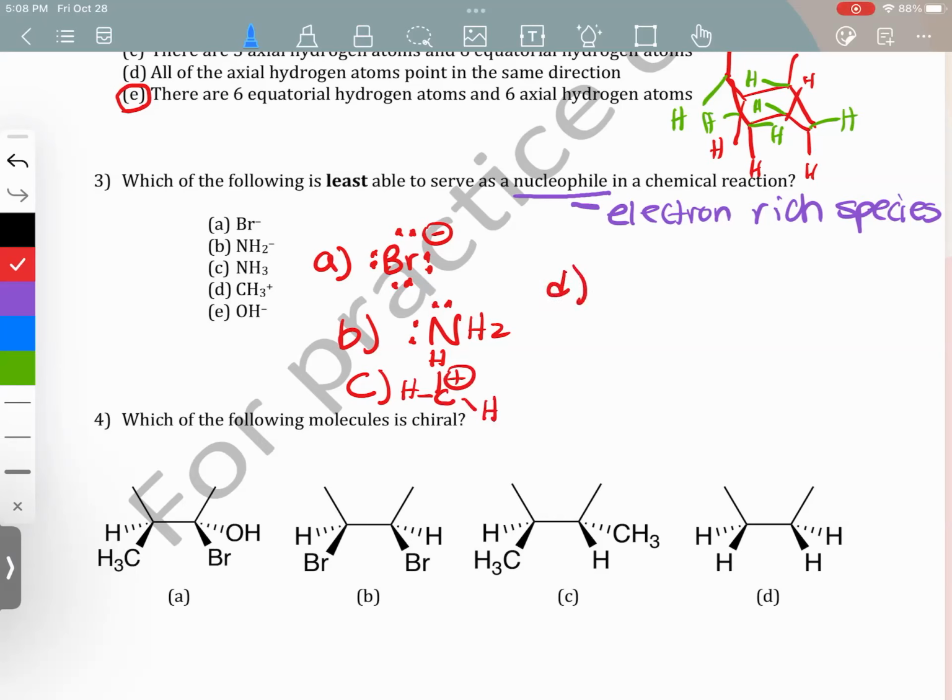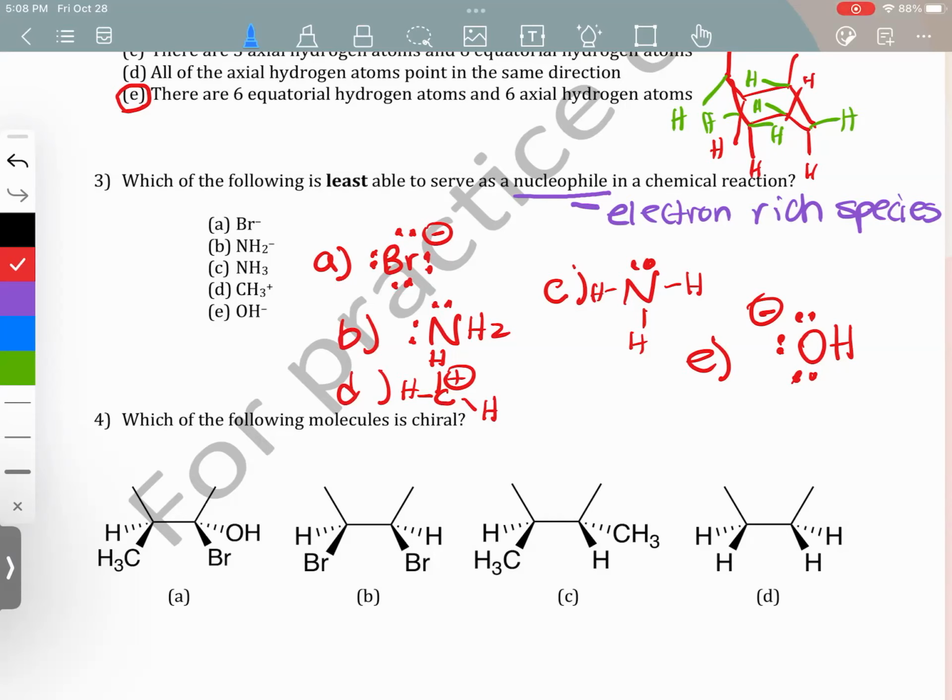Oops, I switched C and D. So this is D, and C is NH3, this species. And last is E, which is your OH minus. Another word for it is hydroxide.